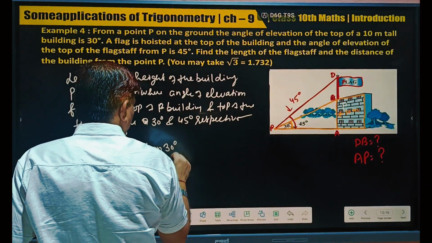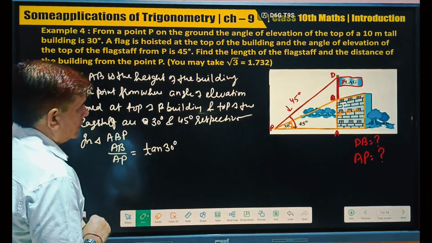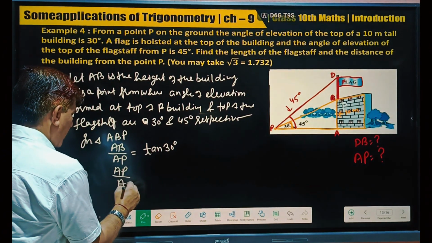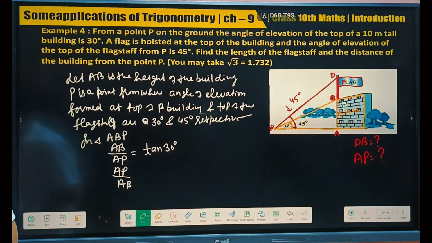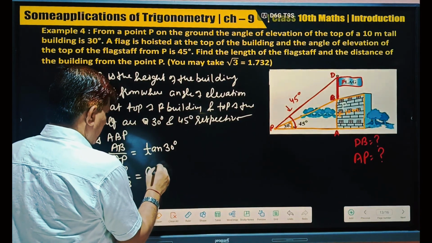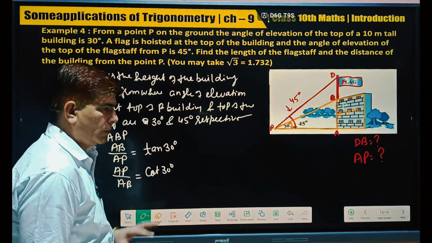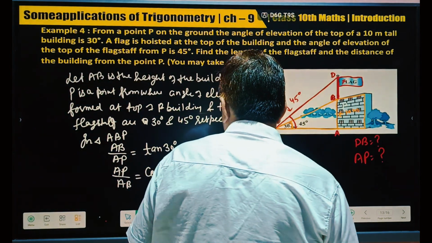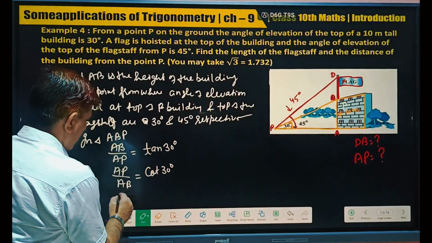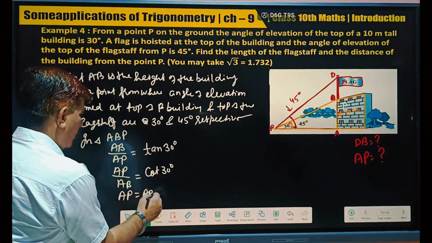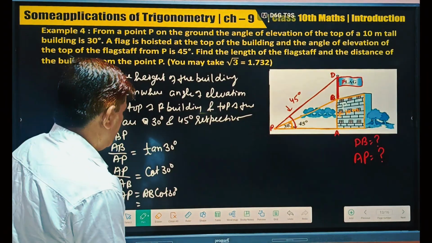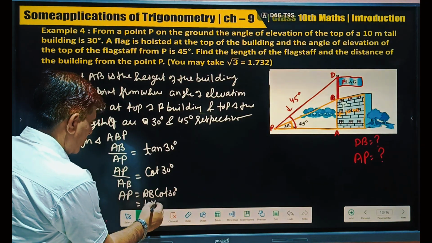Tangent 30 degree. Or we can say AP by AB is equal to what? Cotangent 30 degree, the reciprocal of it. So AP, we have to find out. AP equals AB cotangent 30 degree. So AB, how much? 10, and this is under root 3.